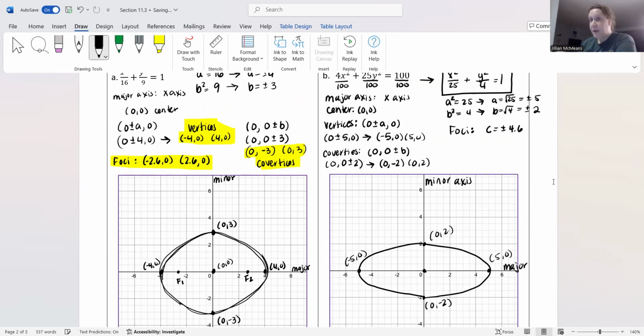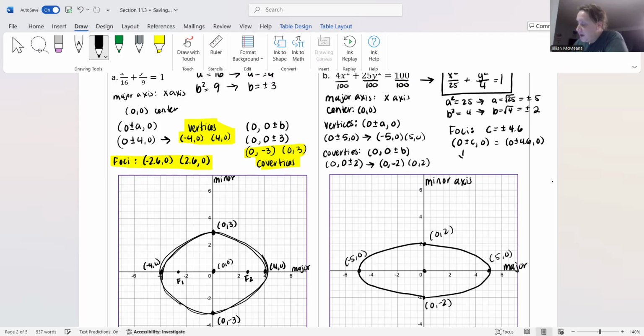Since our major axis is the x-axis, these foci are going to impact our x coordinates from the center. So we're going to go x plus or minus c comma 0. So x coordinate is 0. So this is going to be 0 plus or minus 4.6 comma 0.